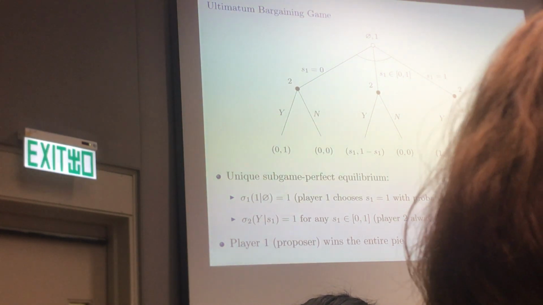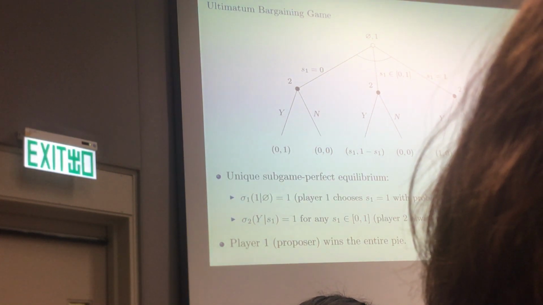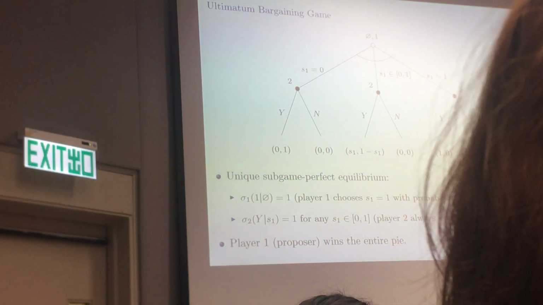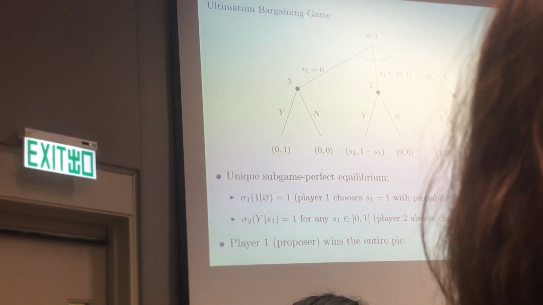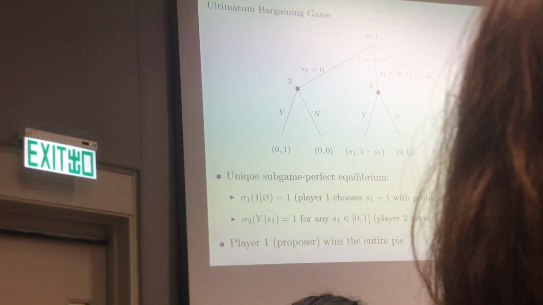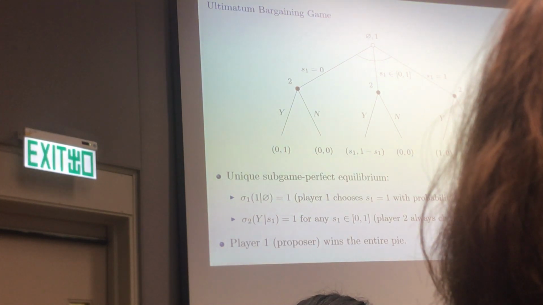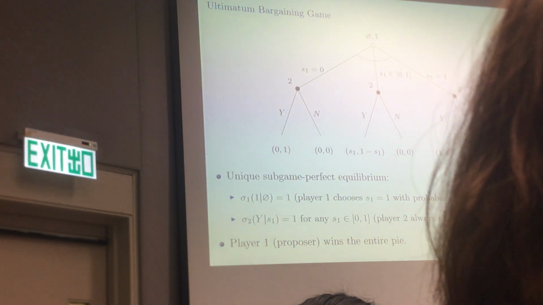They have to determine the price, but you can say that the process of determining the price is equivalent to saying that they have a cake or pie of size equal to 1, and they have to decide how to divide it, right?